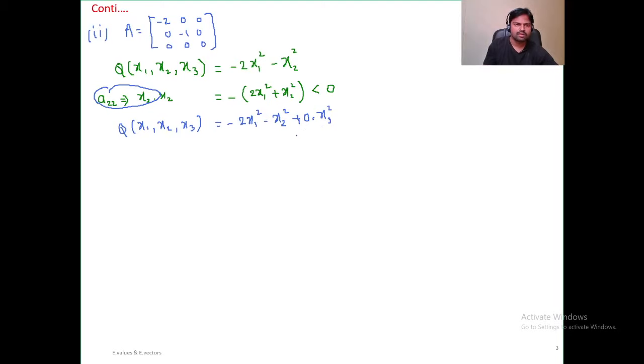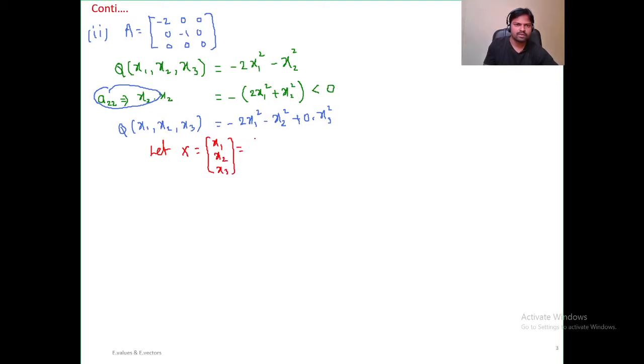Okay, now let us choose one vector at which this quadratic form is 0. Can you choose such a thing? So let me first write the column vector x1, x2, x3, and I am choosing the values like this.